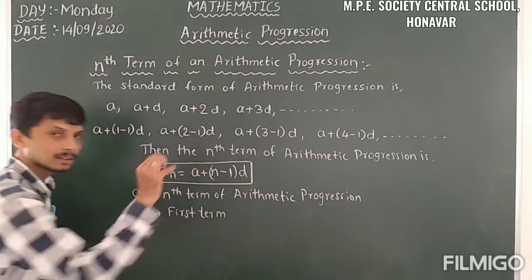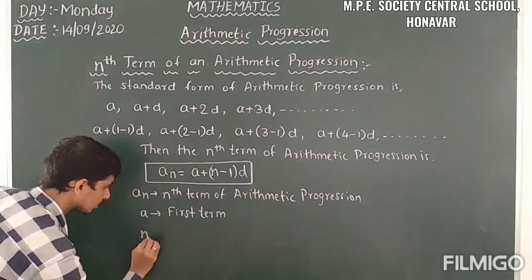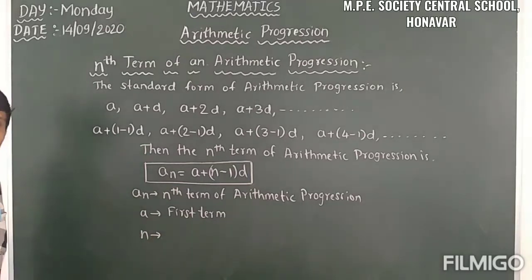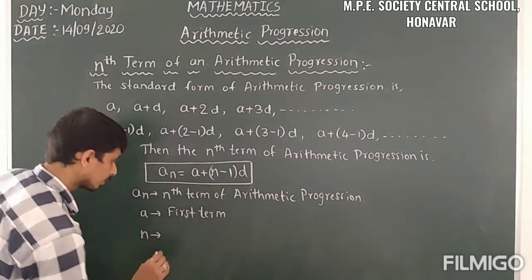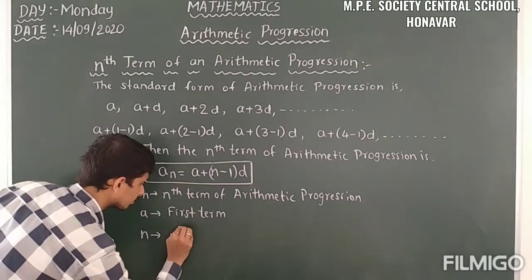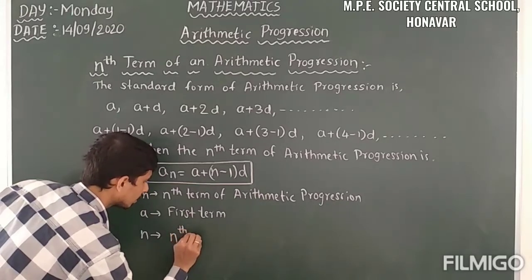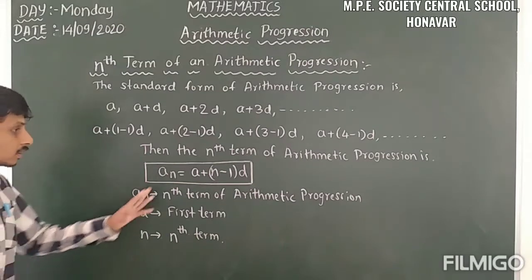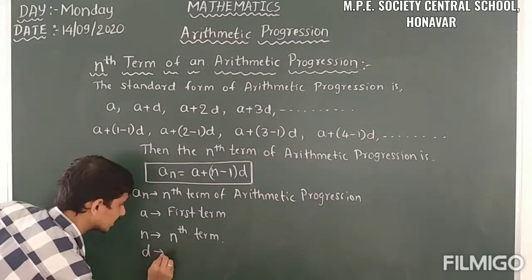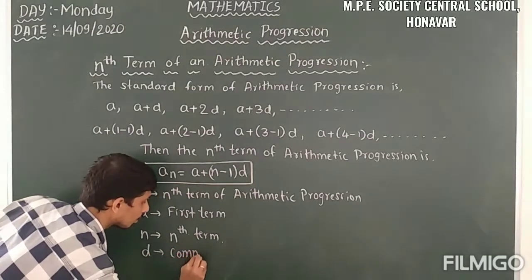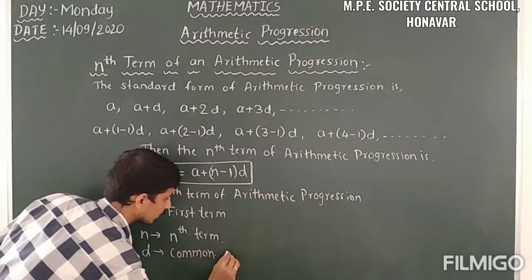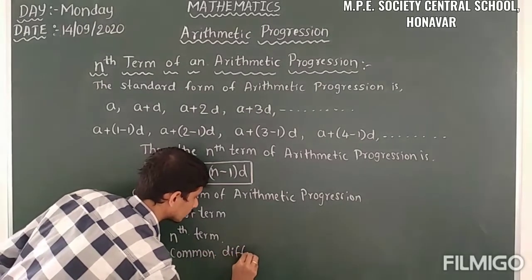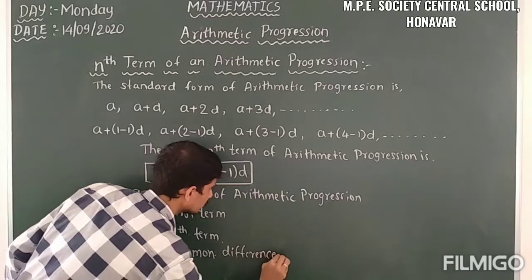Then n is the number, the nth number or nth term. Then d is the common difference.